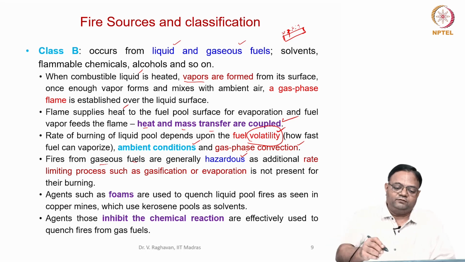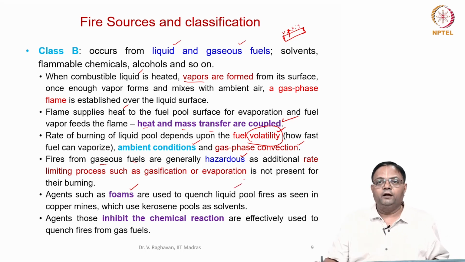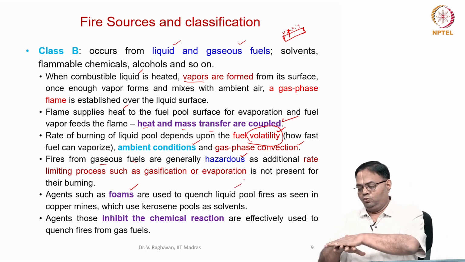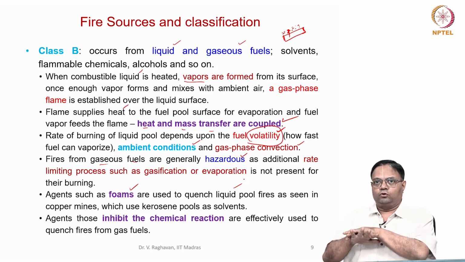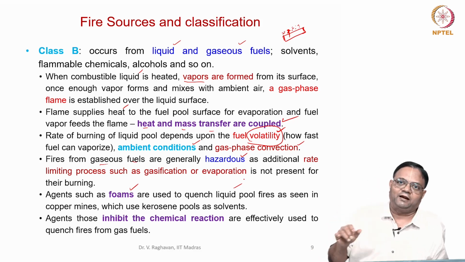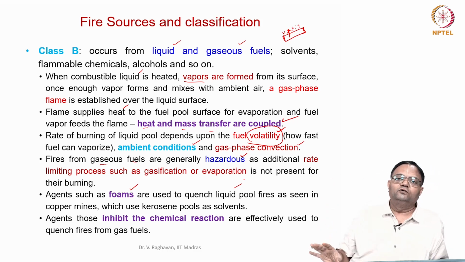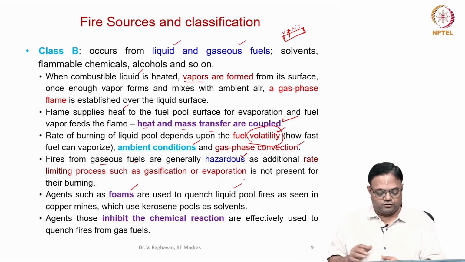So class B fires involve liquid and gaseous fuel fires. Now, how will you quench it? Using foams for the liquid fuel fires. See, when you cover the fuel surface with something so that the evaporation stops, then in the fire triangle, the fuel is cut off. That means the fire will be quenched.